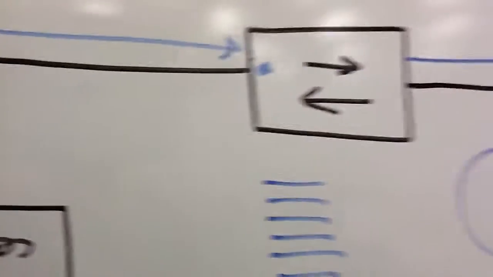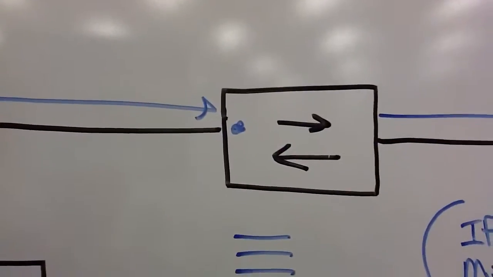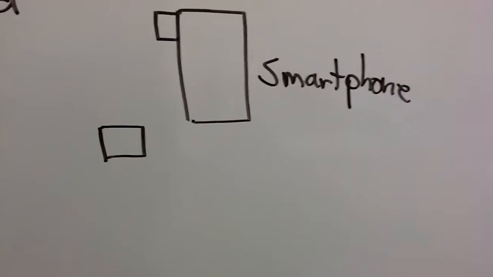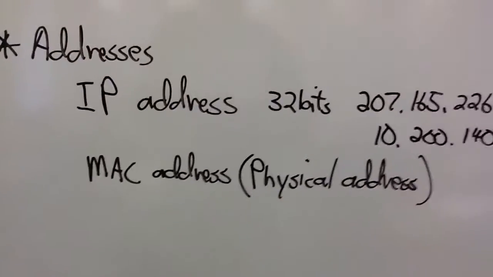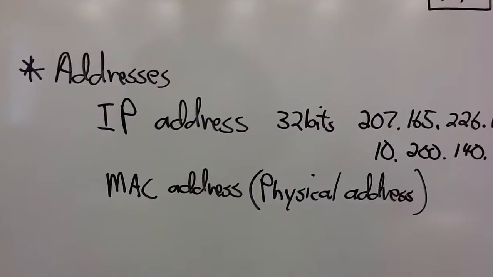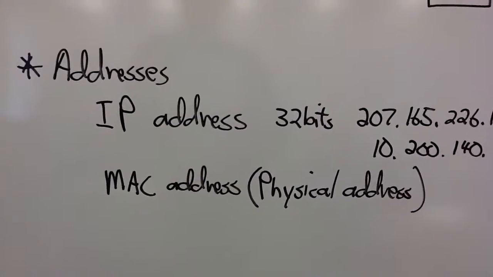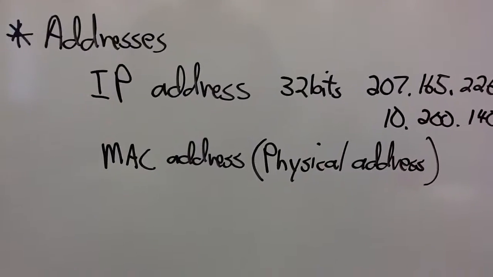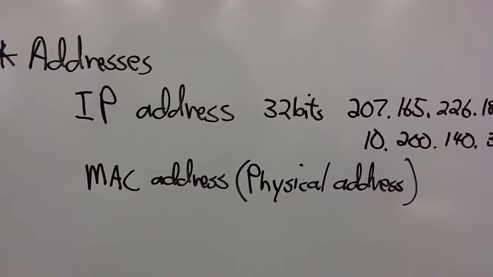Sends it to the switch, the switch sees the MAC address, sends it out, and it goes out to the particular device. Every device in the world has a unique MAC address. Every device in the world that's communicating on the network gets an IP address, and that could vary from time to time.